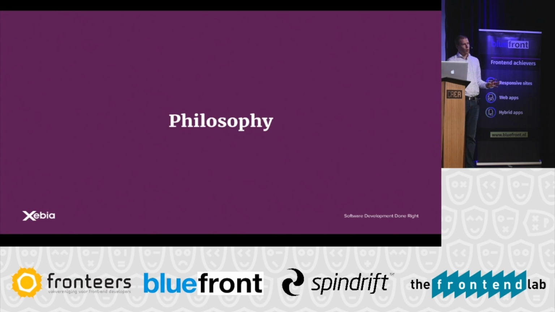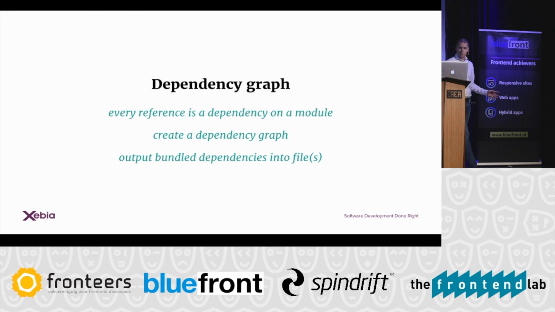So that's one of the core philosophies of Webpack, that everything is a module. Every reference to something that you use, it's a module, and it's a dependency. And if you look at your application like that, you create a graph. Your app, your entry, it needs like a database connector, it needs some styling, it needs some templates, all these things, all these files that you've got all over.